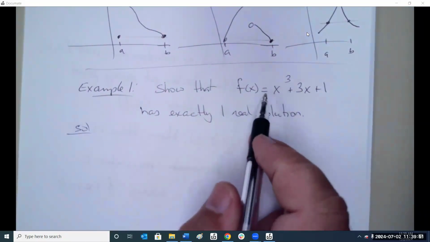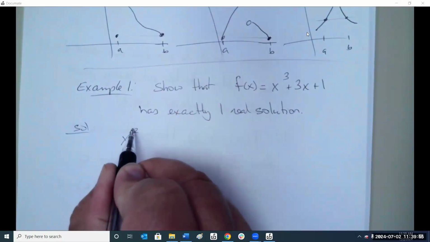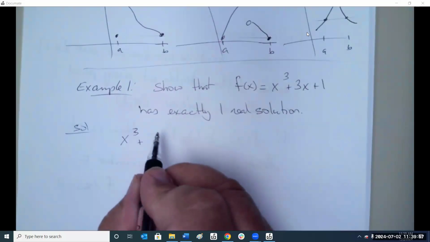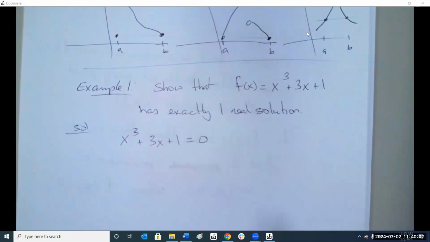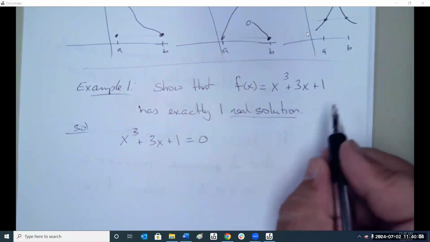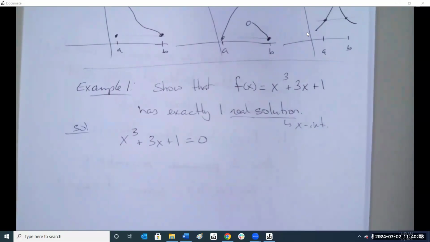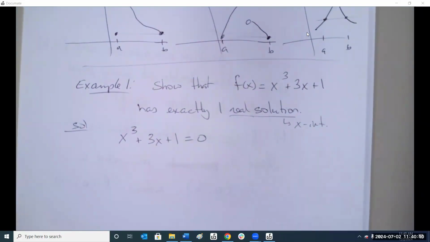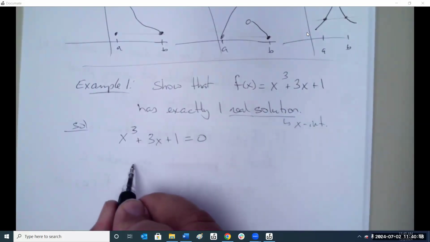So let's show how. We set our equation equal to 0. Remember, when we talk about real solutions, we're talking about the x-intercepts. All right, so that's how we find the solutions.